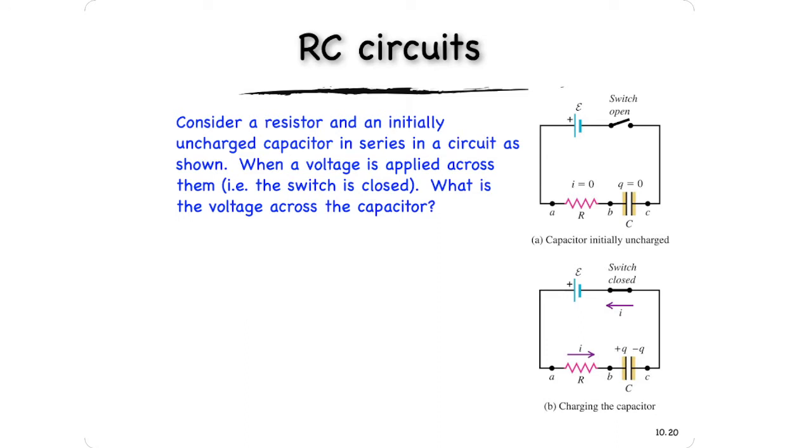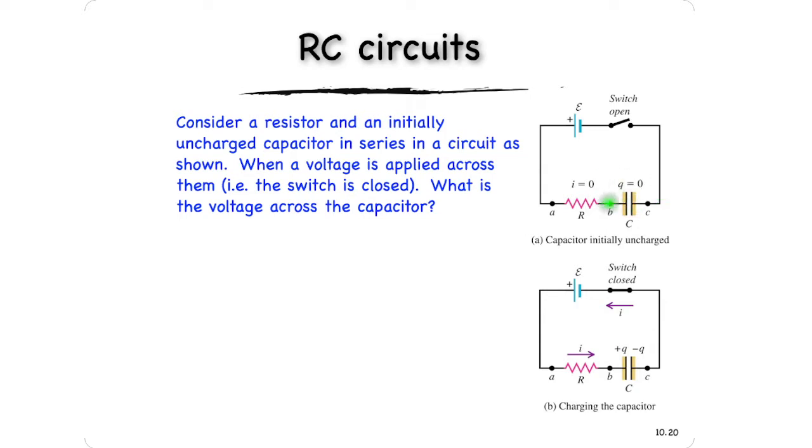Okay, so we can look at such a circuit. So here's a voltage source, and the voltage here is labeled as E for EMF. That's just a voltage. And once this switch is closed, we'll have a complete circuit where current can flow across this resistor onto the capacitor.